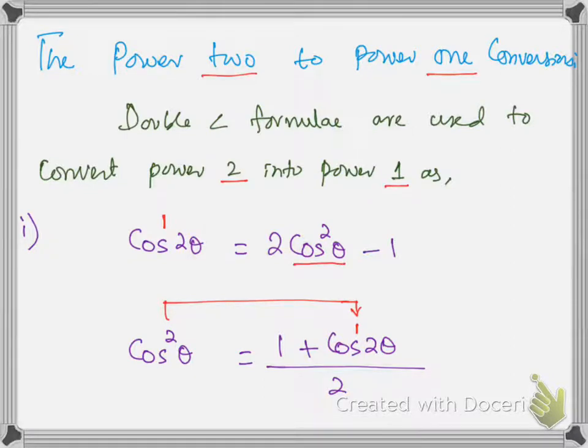Make cos square theta subject from this formula. So when you make cos square theta subject, you will get 1 plus cos 2 theta upon 2. If you observe this power with respect to this power, this is 2 and this is 1. So this is the conversion of power 2 into power 1.